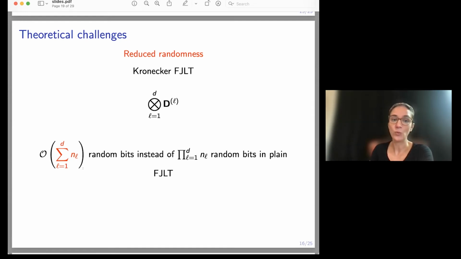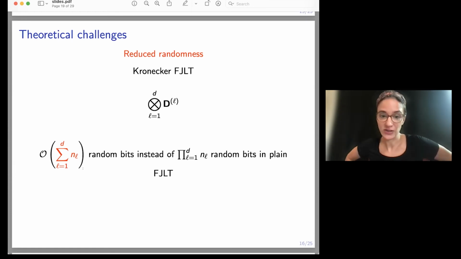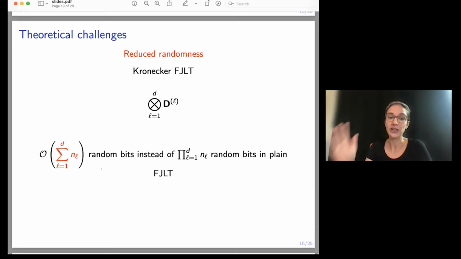And that's because these Kronecker sketches are using a lot fewer random bits. We only have little n_l random bits associated to flipping the column signs of each of the little discrete Fourier transform orthogonal matrices.